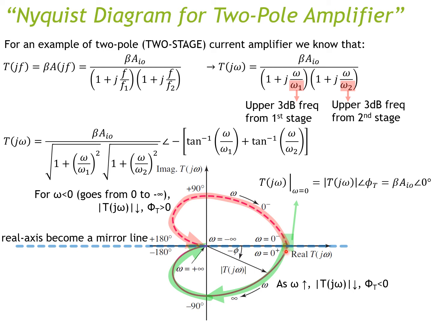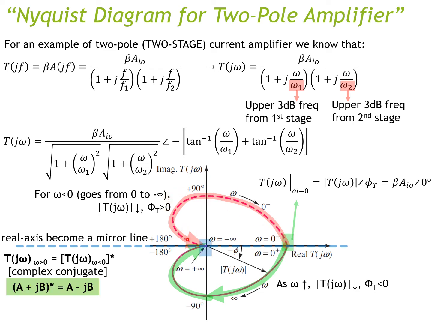It's difficult to really implement a negative frequency. So since you have a mirror line, the loop gain when frequency is positive is a complex conjugate of the loop gain when the frequency is negative. So what is a complex conjugate? An easy way to see it: a complex conjugate has the same real part but the opposite imaginary part.